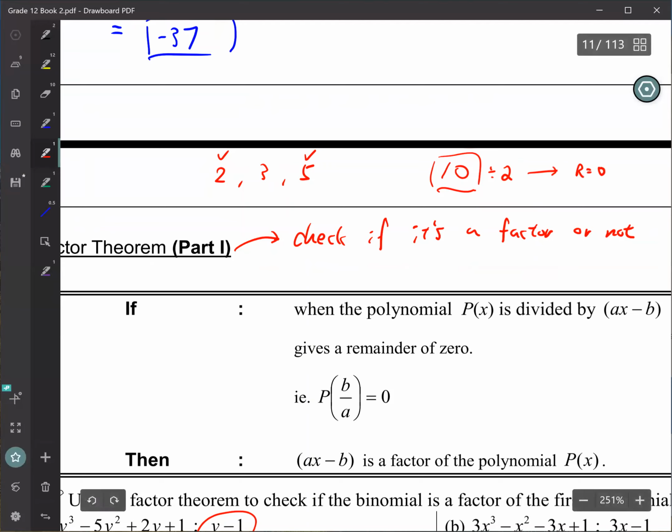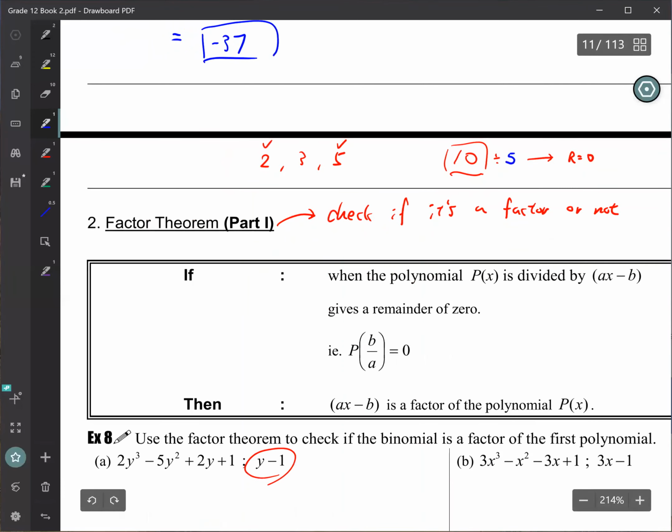Remainder will be 0. Now if I divide by the other factor, divide by 5, remainder is also 0, right? If I divide by 3, which is not a factor, then remainder cannot be 0, right?